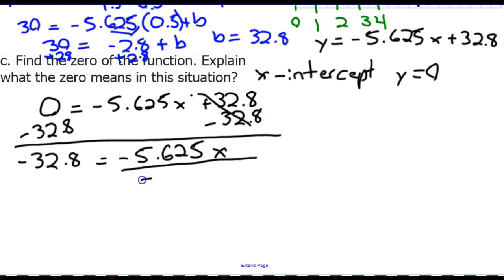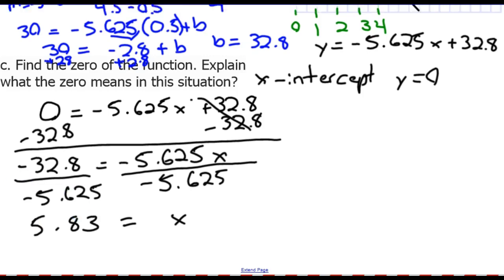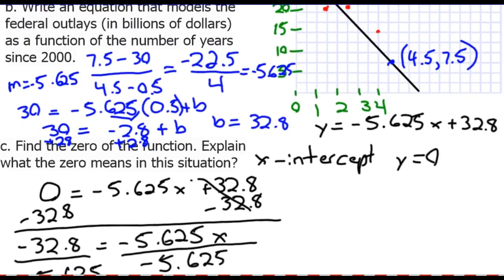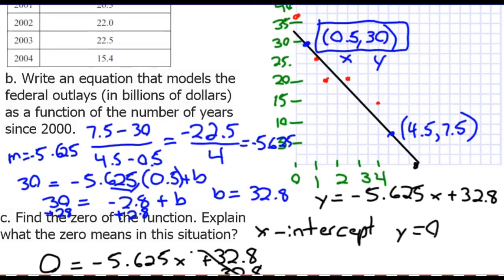Divide both sides by negative 5.625, and our x equals about 5.83. So 5.83 would be about here, which is about where our line crosses the x-axis, and that's our x-intercept.